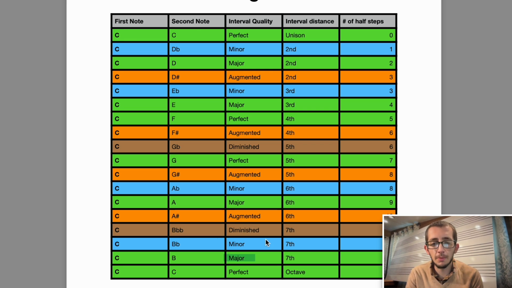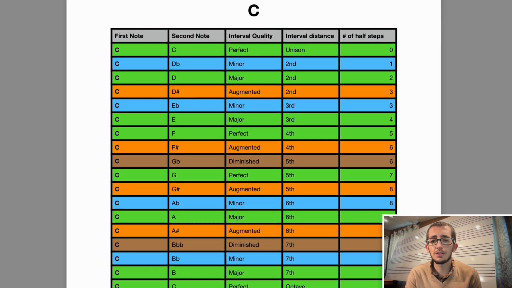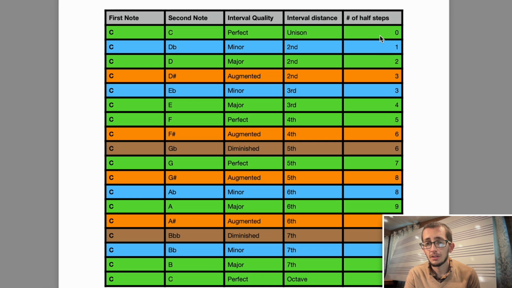So the two most common diminished intervals are the diminished 5th and the diminished 7th. And the four most common augmented intervals are also listed on this chart: the augmented 2nd, augmented 4th, augmented 5th, augmented 6th.